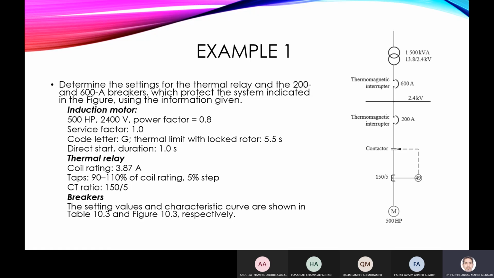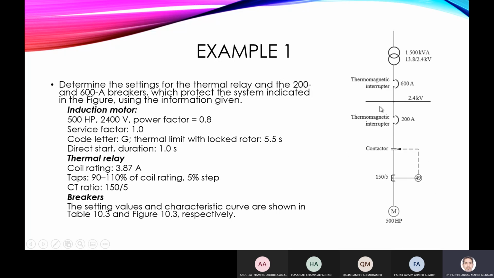Regardless of what I mentioned before, undervoltage, overvoltage, or phase loss protection is also possible. This is the breaker; the maximum rated current is 200 ampere. We want to set the current settings of this. Here is the bus, where different motors are fed from this bus.